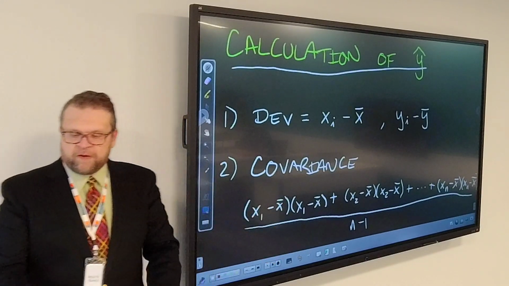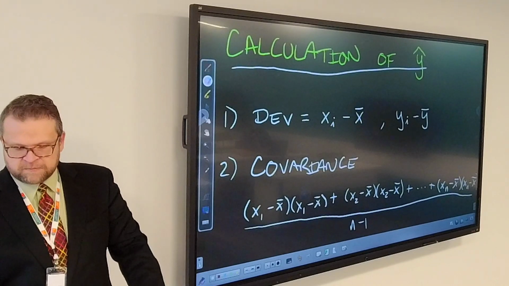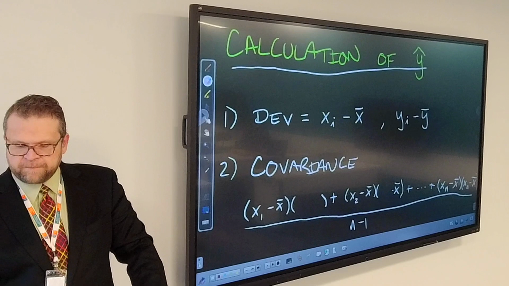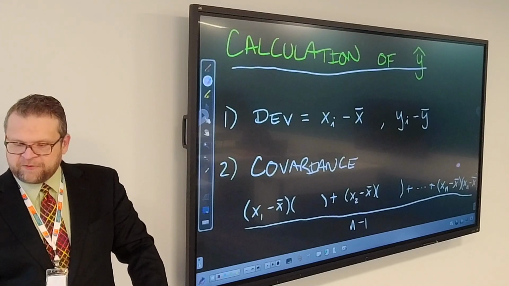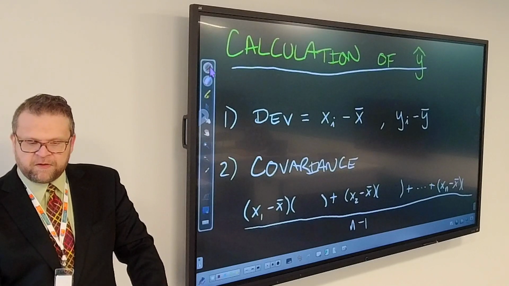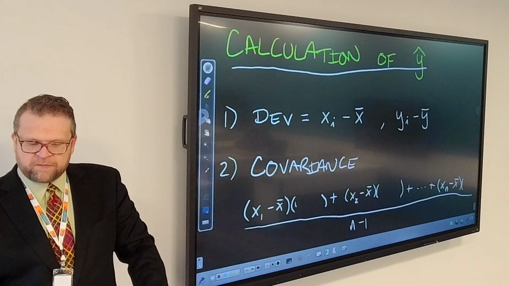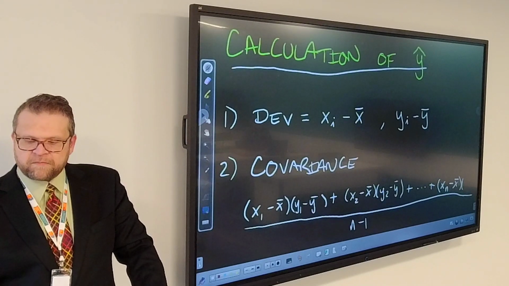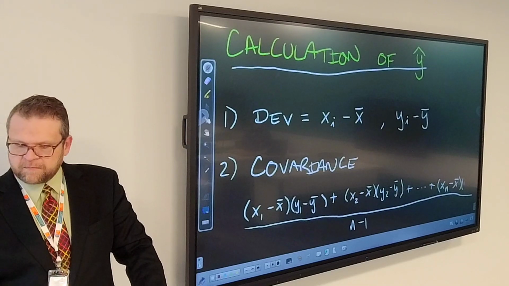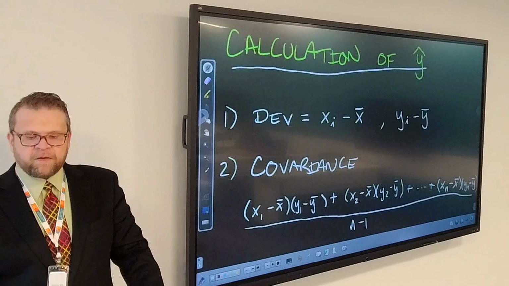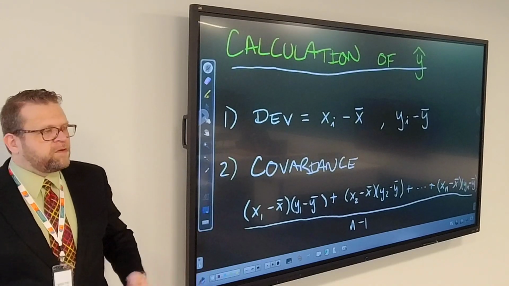To produce the covariance, I'm not going to square them, but I am still going to have this product of 2 things. It's just that the other one will be the y-coordinates. And that's the covariance.